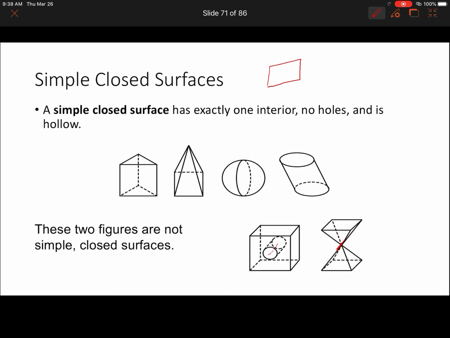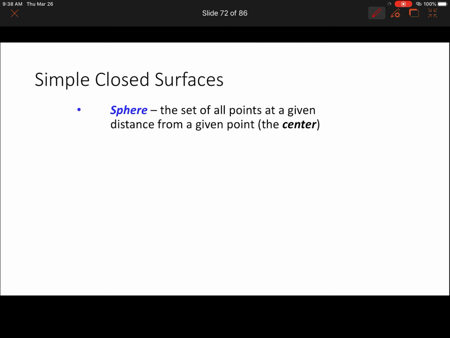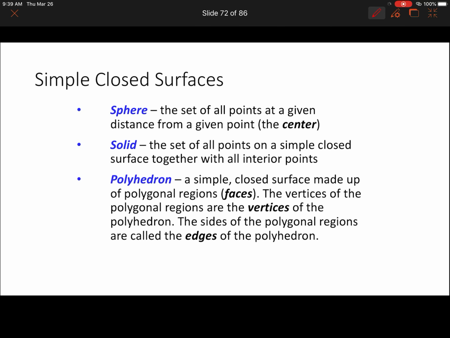So remember, we've said that it is simple if it doesn't cross itself. It is closed if there's no way to get into it. And so the cube shape has a hole through the middle of it. The two pyramid shapes on top of each other would cross if you're trying to draw that.